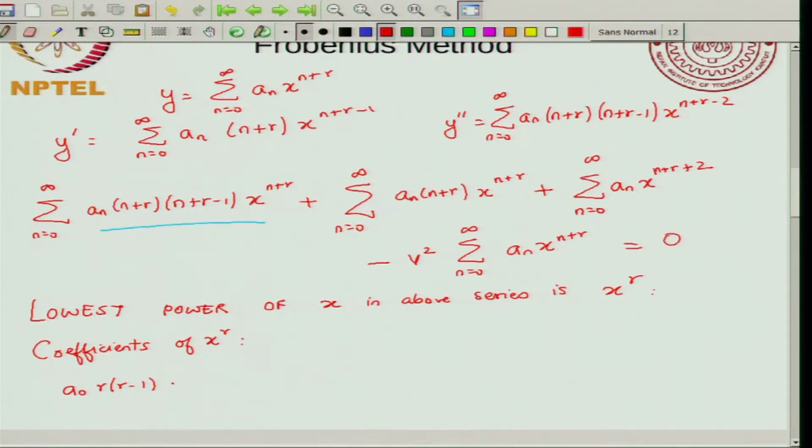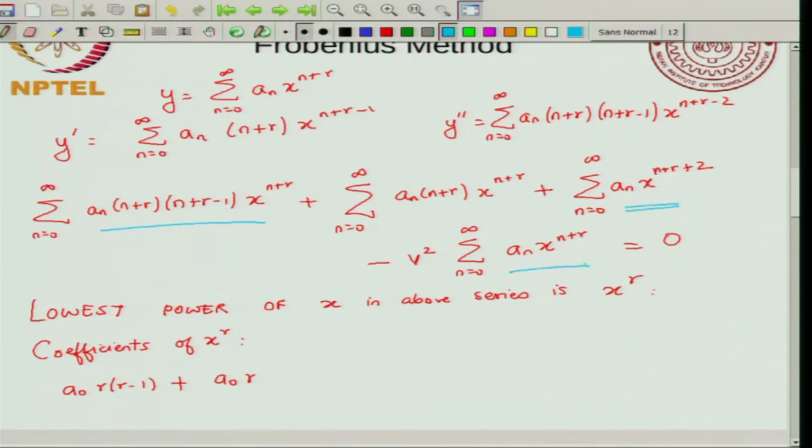The second term, with n equal to 0, gives a0 times r. In the third term, even if you have n equal to 0, you will have x raised to r plus 2, so the third term will not contribute to the x raised to r coefficient.